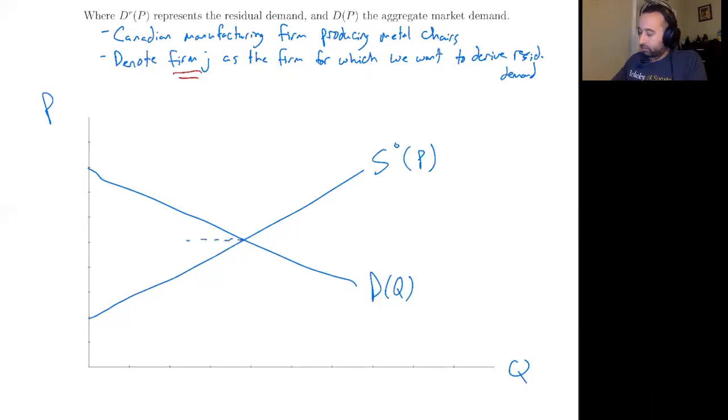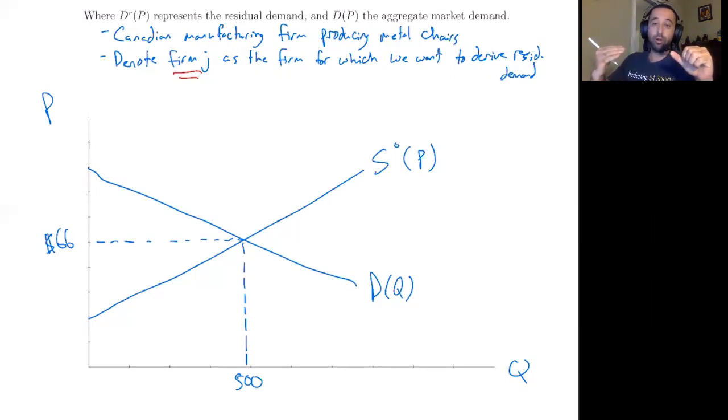And suppose that this graph produces an equilibrium price of $66 per chair and the equilibrium quantity of 500 chairs. Okay. So this is the equilibrium for the supply of all other firms and the aggregate market demand.